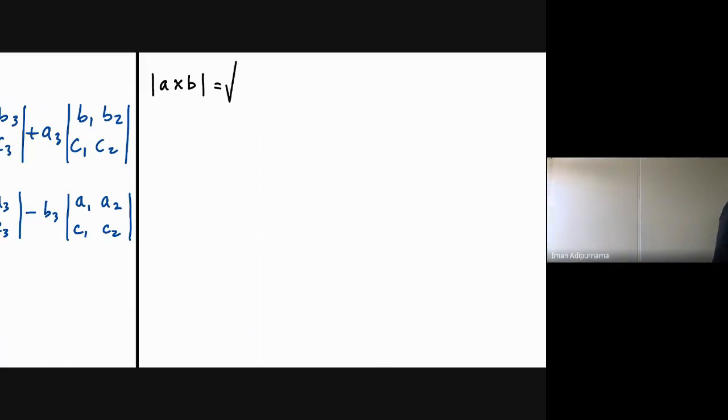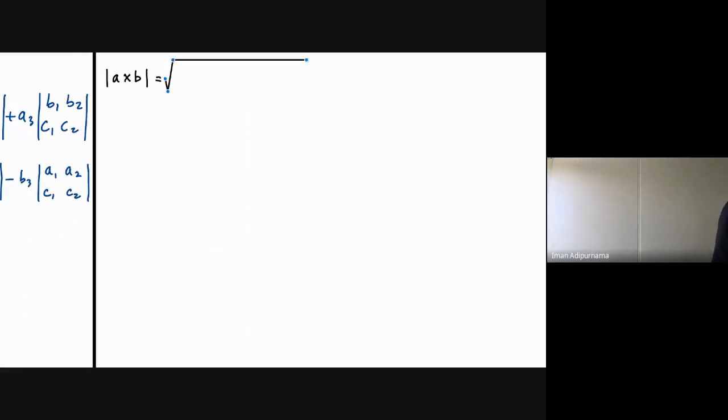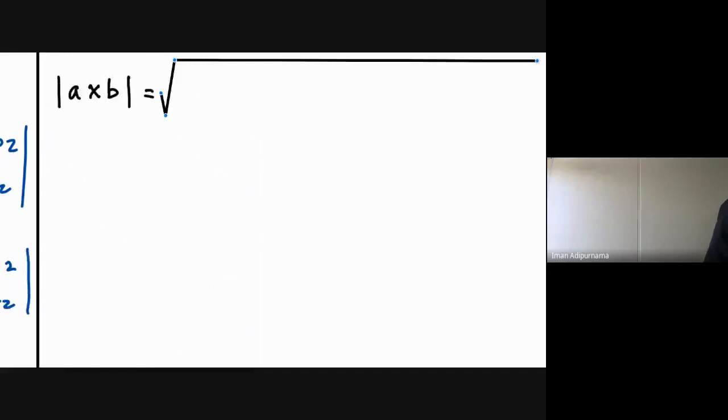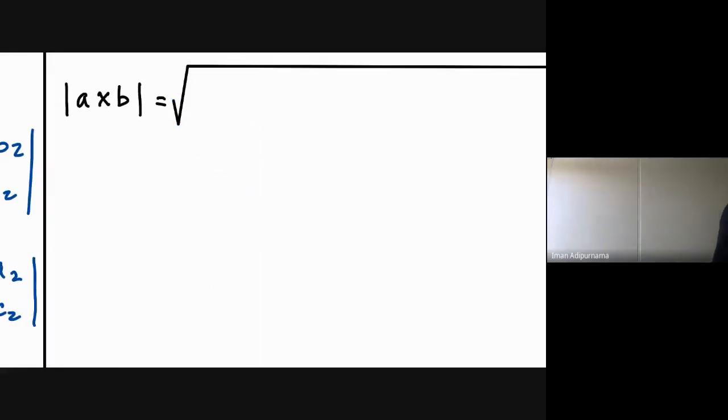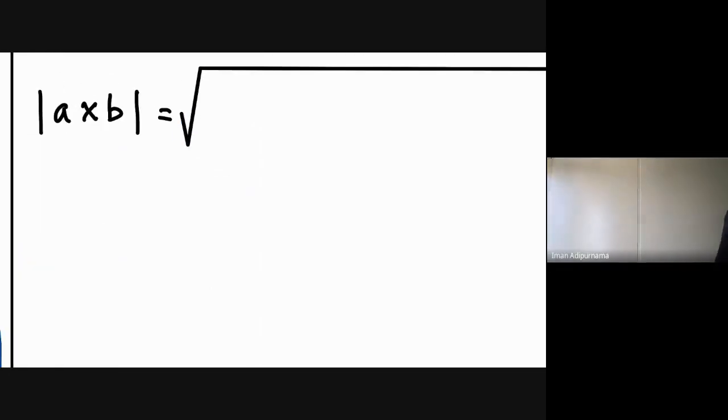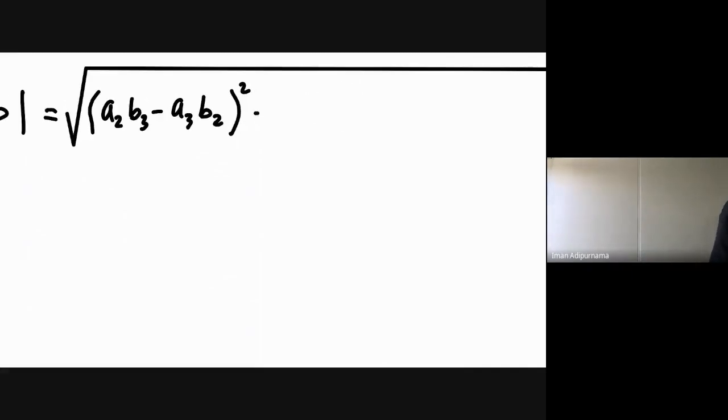And we have the square root of, a little bit long because we have 3 components, right? The first is A2, B3, and then square. And then plus A2, A3, sorry.